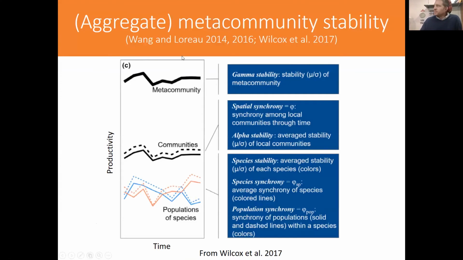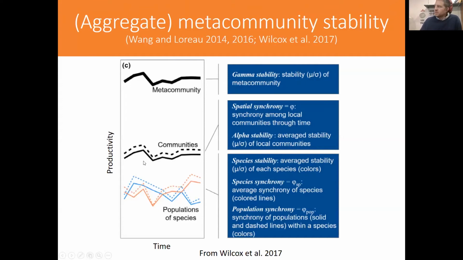Wang and Loreau put together a framework for thinking about metacommunity stability, where they described how we can look at community aggregate biomass and think about how that's related to the biomass fluctuation in individual species or their populations at the different sites that make up the communities, but also think about how fluctuations at the patch level for the communities scale up to affect total metacommunity stability.